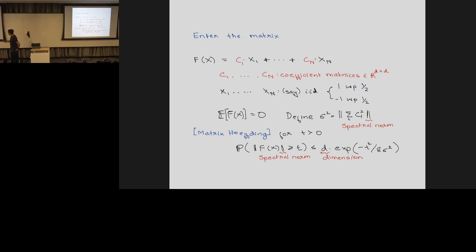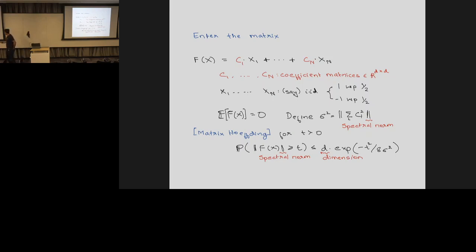But it outputs matrices. And the way we will think of it as outputting matrices for now is we have some fixed matrices C1 to Cn, and we just multiply them by the appropriate variables. So it's a sum of n independent matrices. Okay? And the way I defined it, the expectation of this function is still 0.